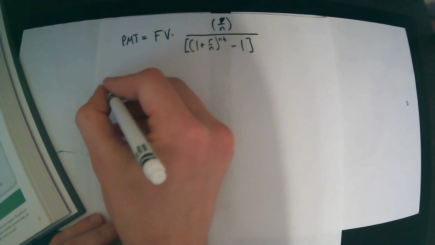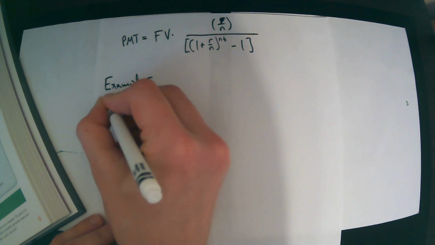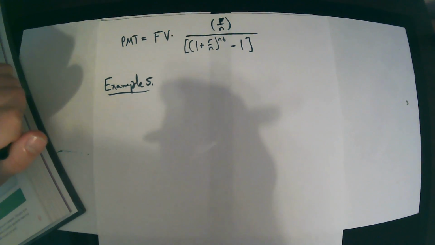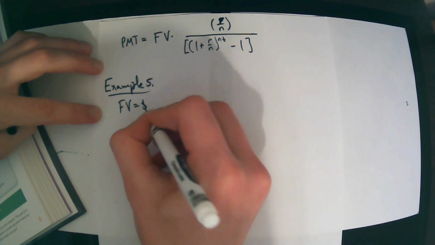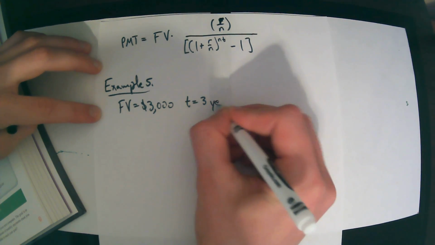So example 5, you're going to use this formula. Suppose you'd like to save enough money to pay cash for your next computer. Your goal is to save an extra $3,000 over the next 3 years. So future value is $3,000. T is going to be 3 years.